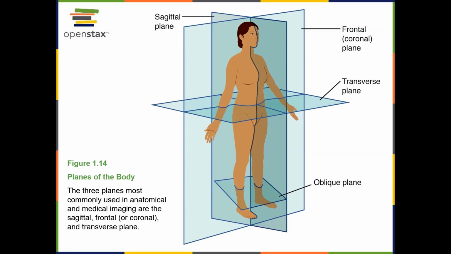If a section through the body is cut at an angle that's not transverse, coronal, or sagittal, but is at another angle, we say that's an oblique section.